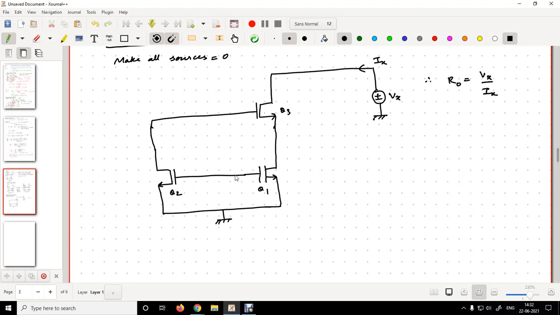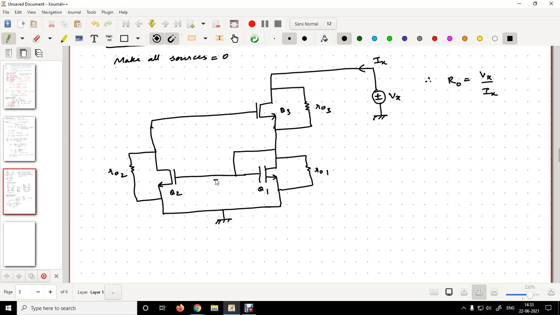For this, I have to mention the output resistances, R naught 3, R naught 1, and R naught 2, for each of the MOSFETs.